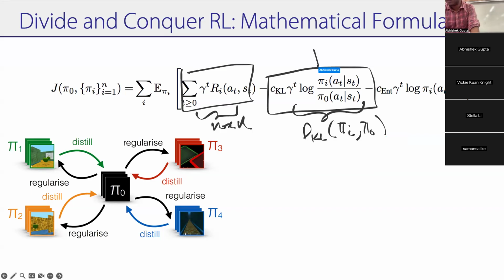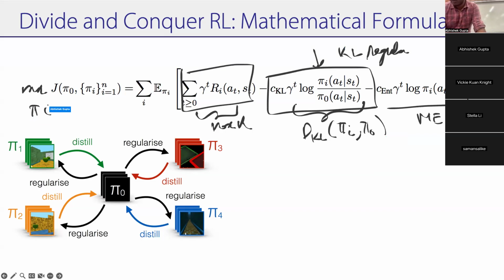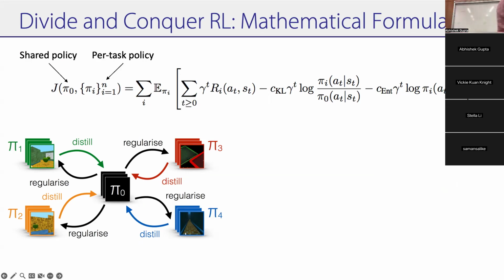This is often called KL regularization. And this is your max ent. So 3 terms. Then you maximize this with respect to pi i, and then maximize this with respect to pi naught. You're just going to alternate between them. So let's look at what each of these objectives would look like.